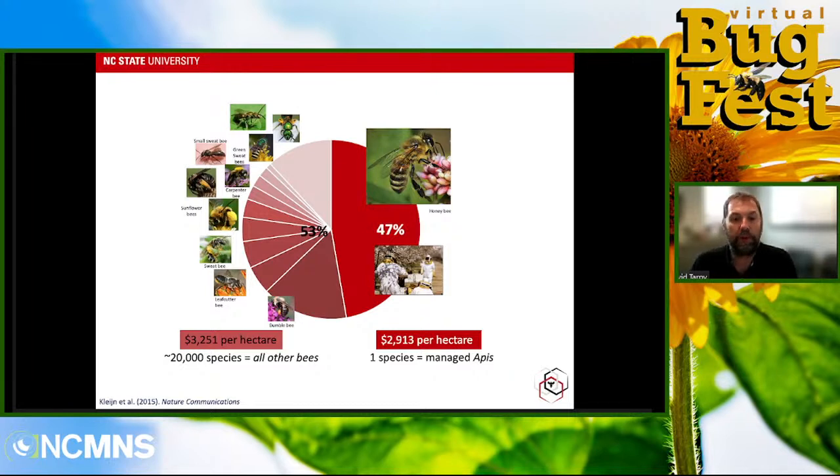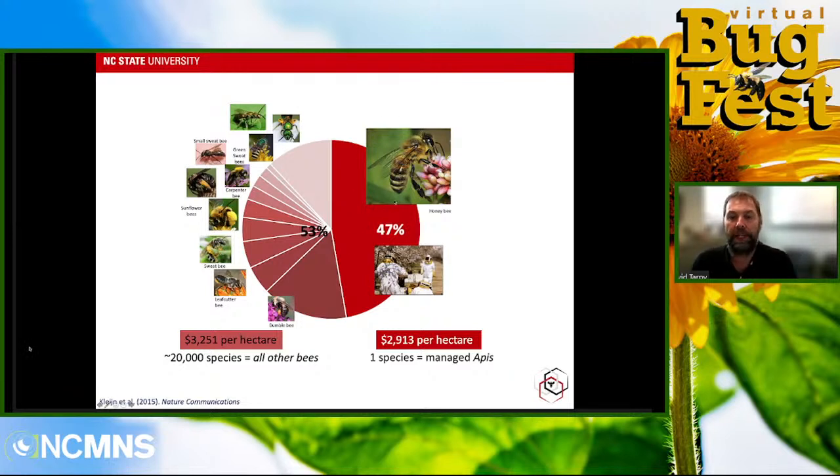If we were to boil down the economic contributions of pollination of these 100 or so different crops, the native solitary bees account for roughly half of the contribution of the fruits and vegetables produced from pollination, but honeybees account for approximately the other half.